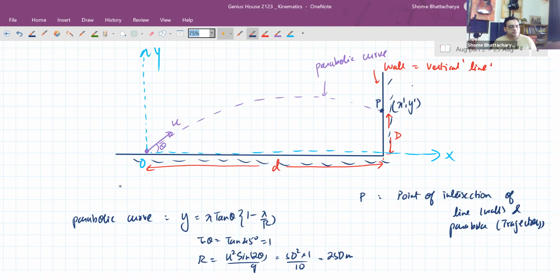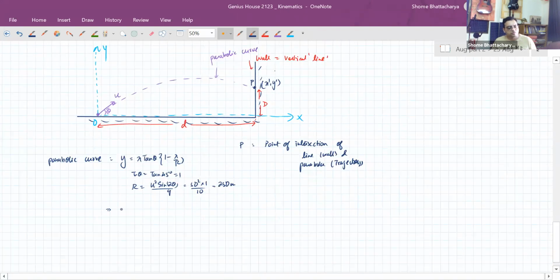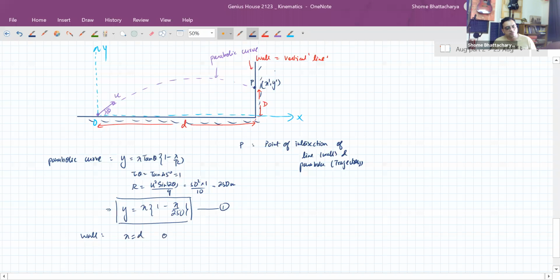So the parabolic curve is y equals x into 1 minus x by 250. And the wall is the line x equal to 200 meters, I think, right? Now the point P is the intersection of 1 and 2.